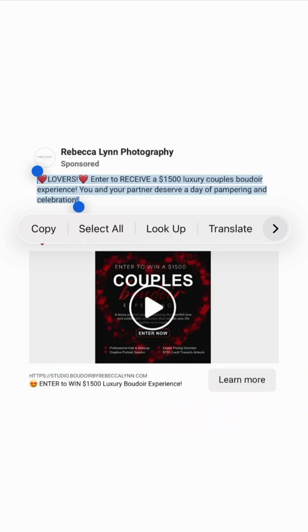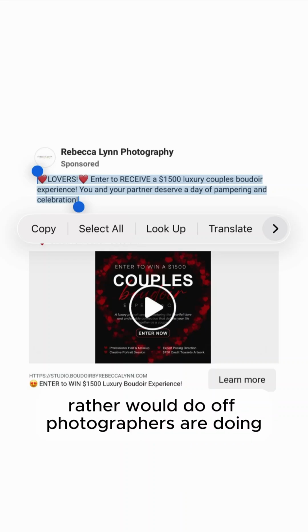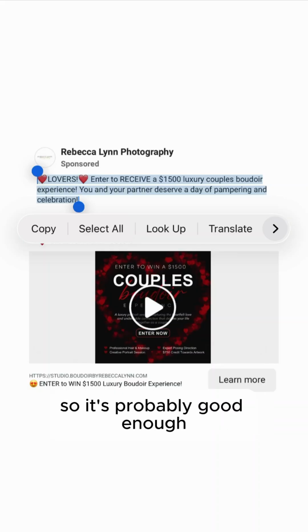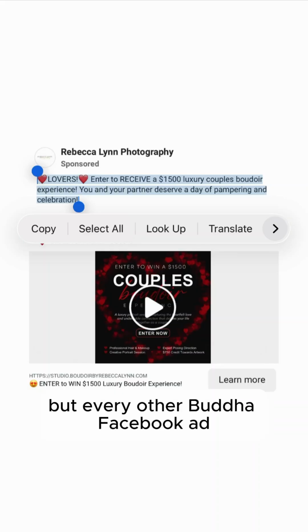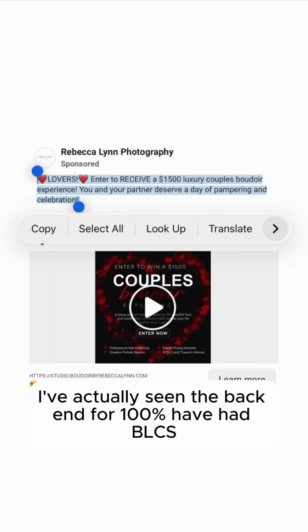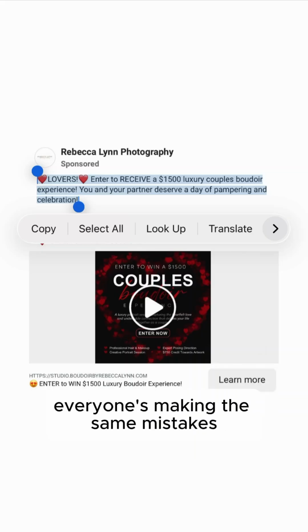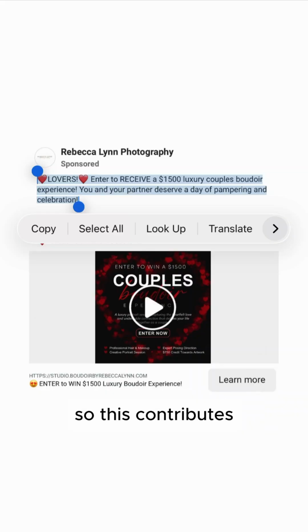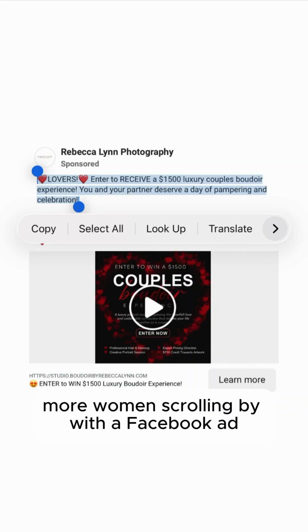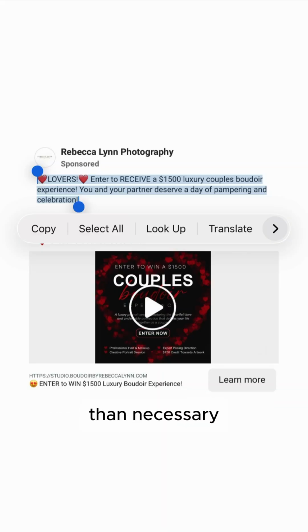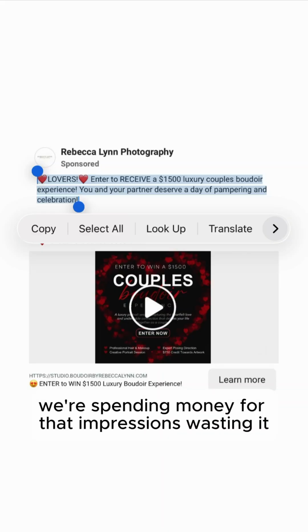And our See More headline here looks kind of like what other Boudoir photographers are doing, so it's probably good enough. But every other Boudoir Facebook ad I've actually seen the back end for, 100% have had BLCS, Boudoir low click syndrome, because everyone's making the same mistakes. So this contributes to more women scrolling by our Boudoir Facebook ad than necessary. We're spending money for those impressions, wasting it.